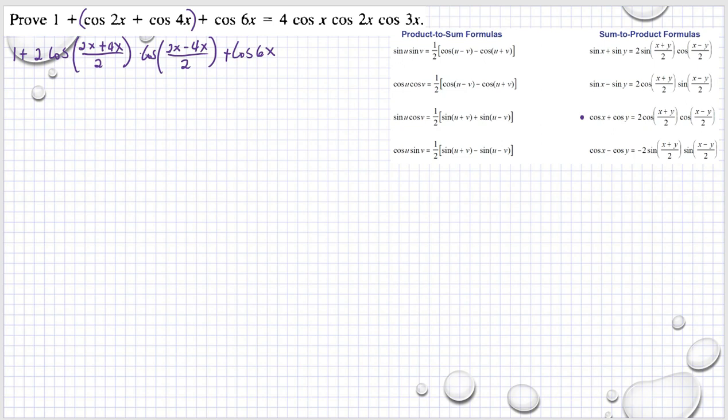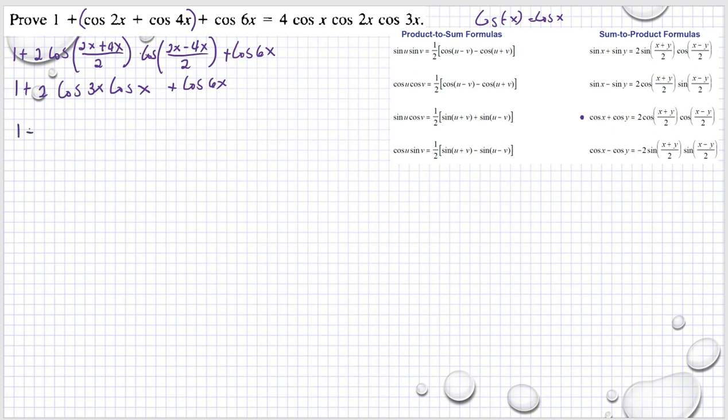Then this will become 1 plus 2 cosine 6x over 2, that's 3x, cosine negative 2x, that is also cosine x, because cosine negative x is equal to cosine x. And then we have plus cosine 6x.